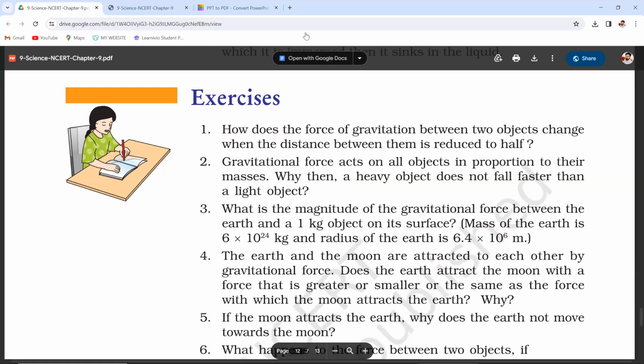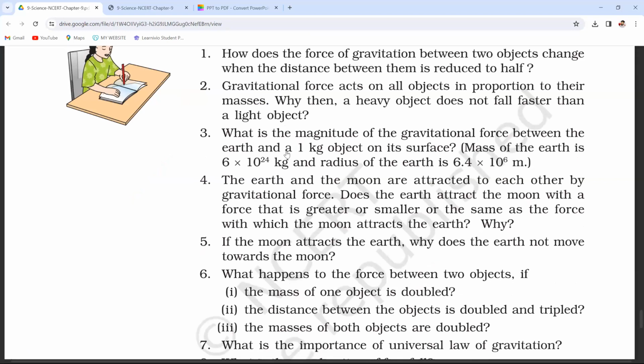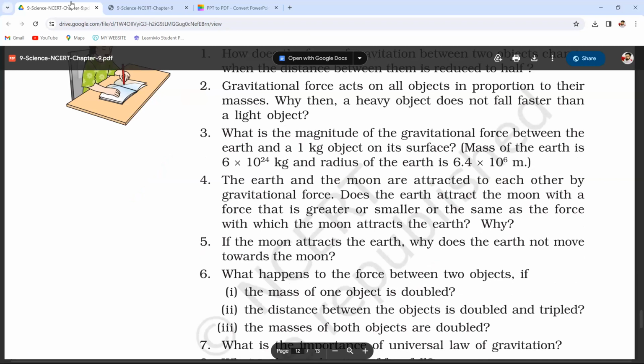What is being given to you here? The magnitude of the gravitational force between the Earth and a mass of 1 kg object. So it is asking for the gravitational force between the Earth and the mass object. Got it?